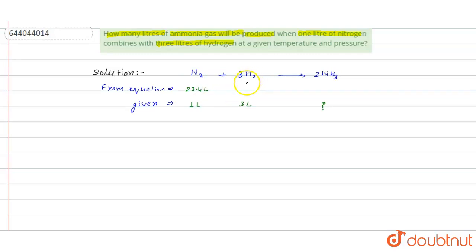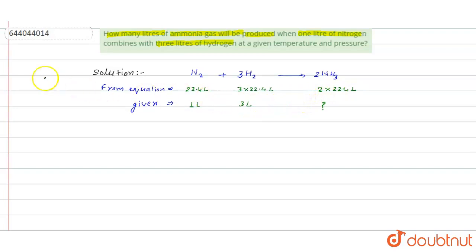And 3 moles of H2 means the volume of H2 is 3 into 22.4 liters. And ammonia obtained is 2 moles, which means 2 into 22.4 liters of ammonia is obtained.